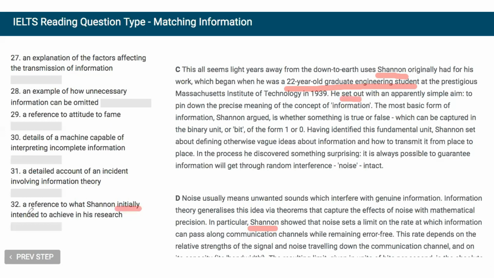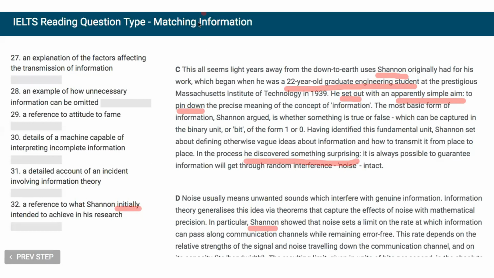I see here, he set out with an apparently simple claim to pin down something, okay. But if we look here at the last sentence, he discovered something surprising. Okay, so he discovered something else. He did not set out to discover something surprising. And this talks about random interference. I would say that it's quite close to number 32.